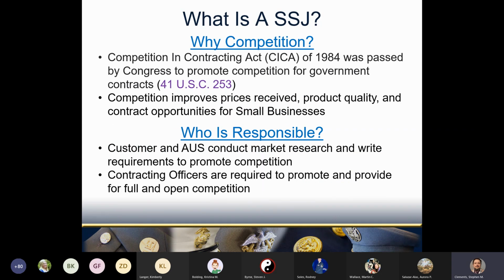And so why do we care so much about competition? For one, we're required to care, but it also makes good business sense. Back in 1984, Congress made us care when they passed the Competition in Contracting Act, also known as CICA. This law established the requirement for federal agencies to compete our contracts as much as possible.